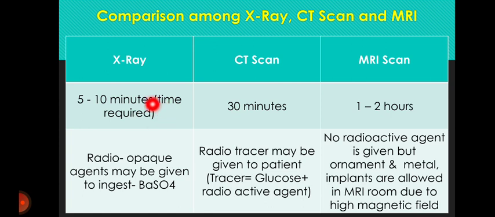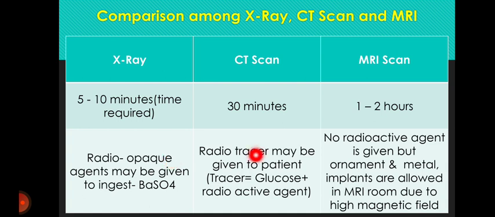Next difference is that the time required to take an X-ray is 5 to 10 minutes, very little time. In case of CT scan, the time required is 30 minutes or like that. And in case of MRI scan, the time required is more, maybe 1 hour to 2 hours. Then in case of X-ray, sometimes radio opaque reagents like barium sulfate may be given to check a particular organ structure.